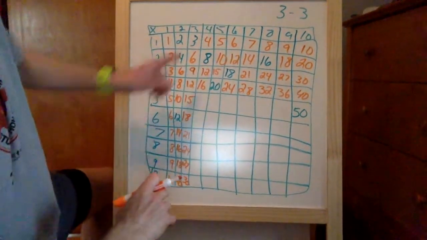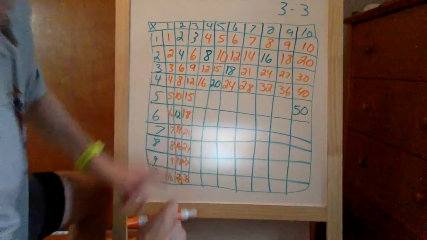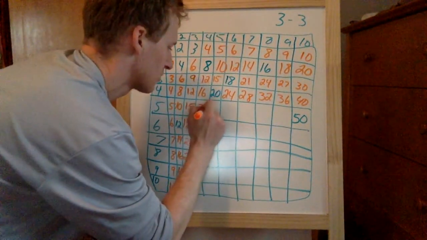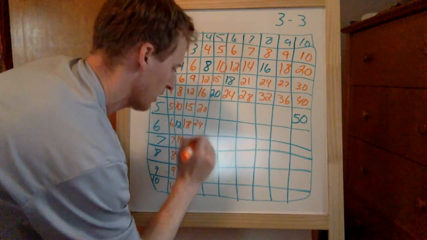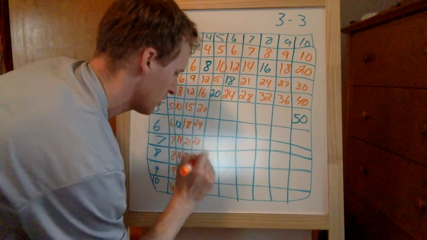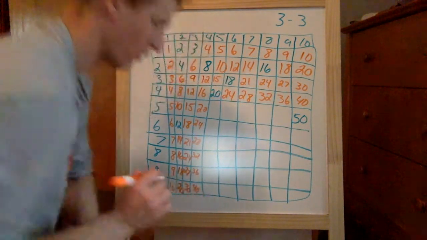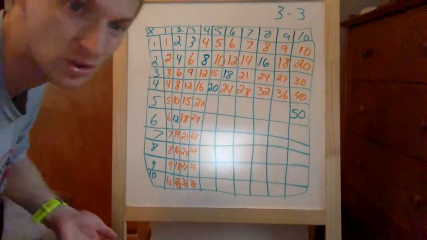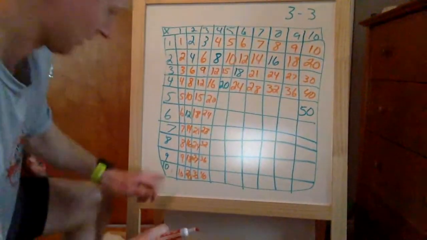It's the same one going up and down. 4, 8, 12, 16, 20, 24, 28, 32, 36, 40. And then there's other ones you could fill in. They're just as easy.